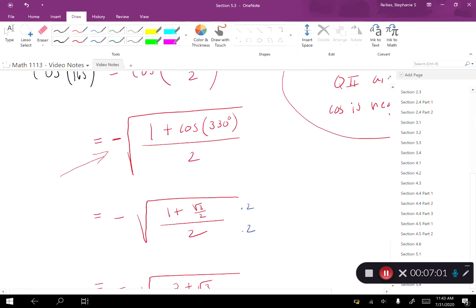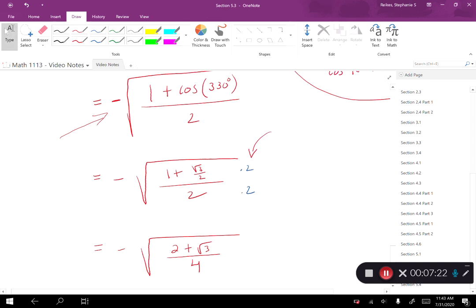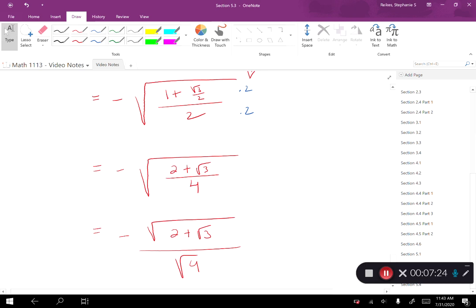From there, I'm going to go ahead and simplify. So I'm going to have negative big square root 1 plus root 3 over 2 over 2. And then I kind of have a baby fraction within a big fraction. So I'm going to go ahead and simplify that by multiplying everything, so top and bottom, by 2. And so then I'm going to have negative big square root 2 plus root 3 over 4.